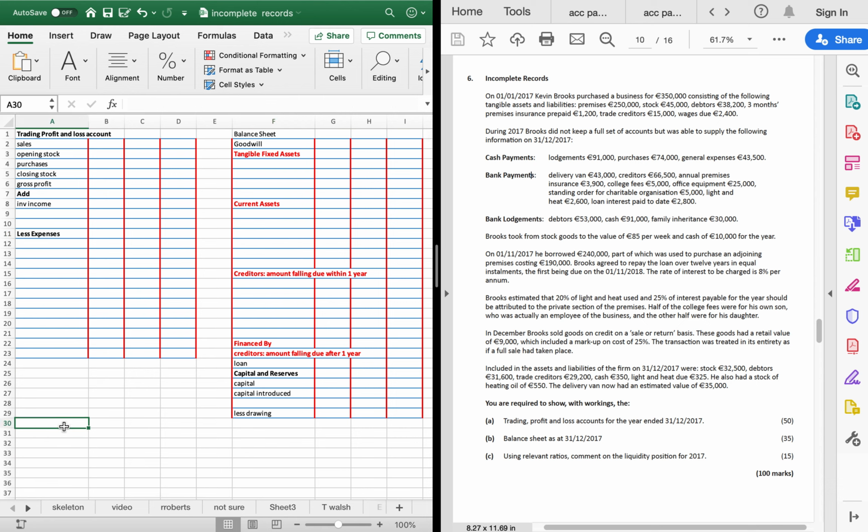It's 9,000 divided by 125 and multiplied by 100. So 7,200. So the stock is going to go up by 7,200. The closing stock, so 32.5 plus the 7,200.